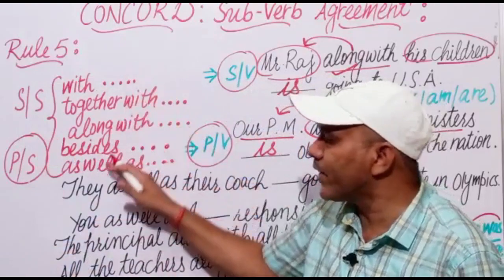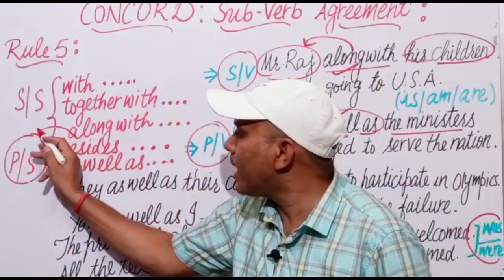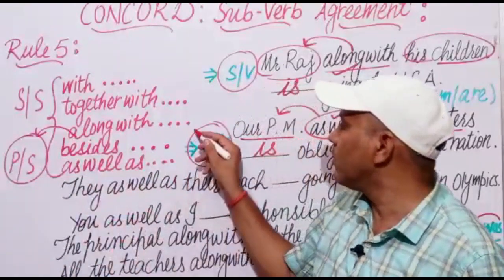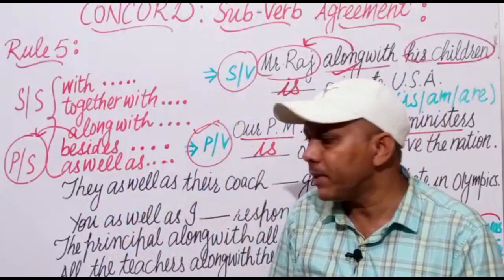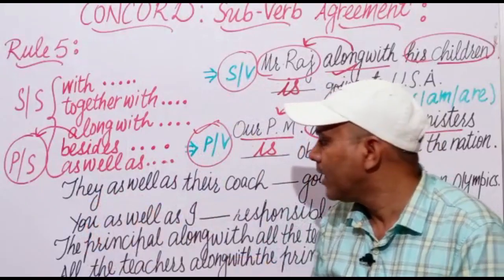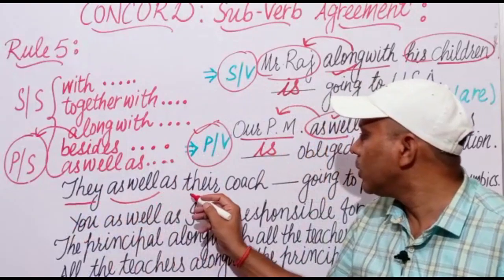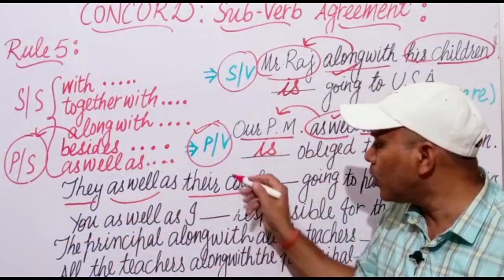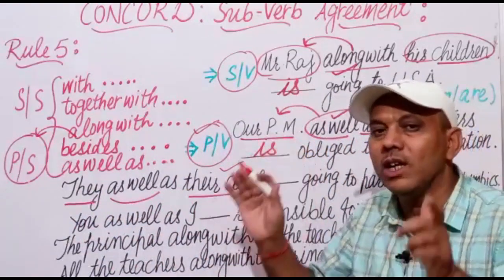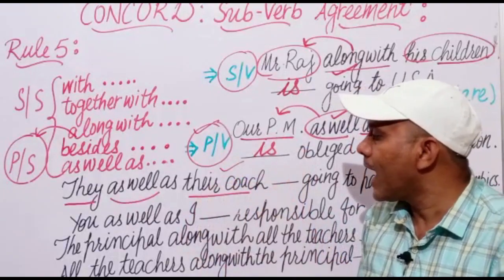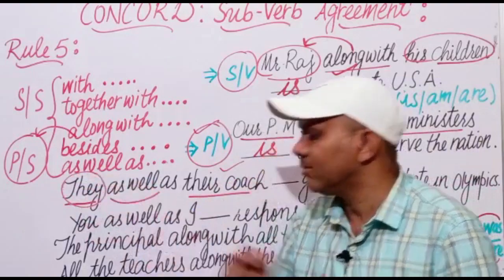Now, let us take some more examples. If the same phrases are preceded by a plural subject, use a plural verb. For example, they is a plural subject as well as their coach. Their coach is a singular noun. But we shall use the verb agreeing with they.